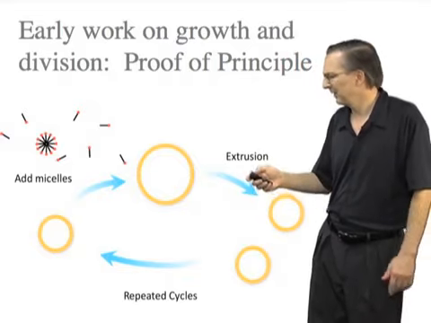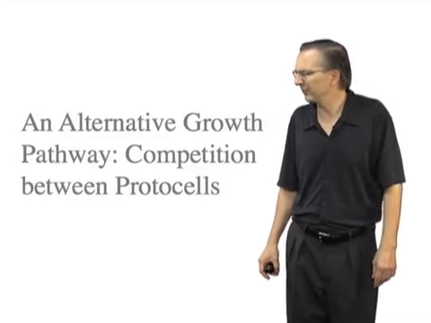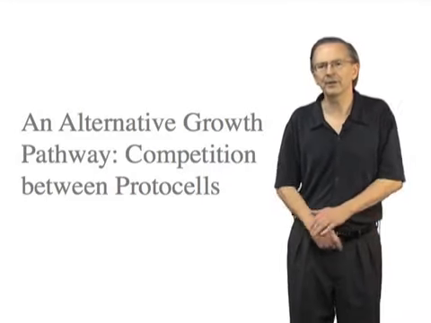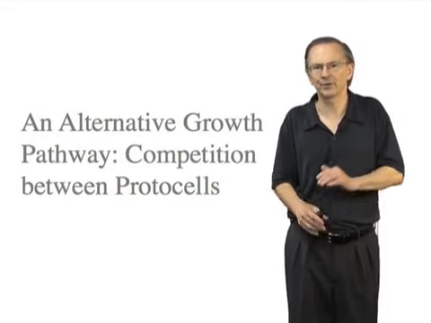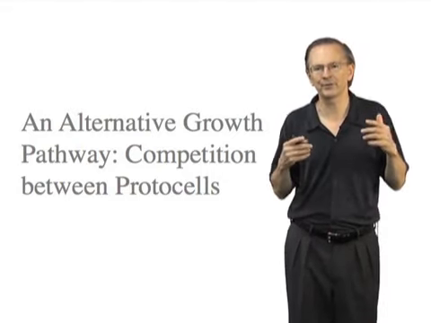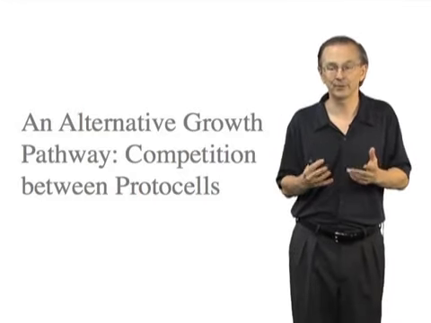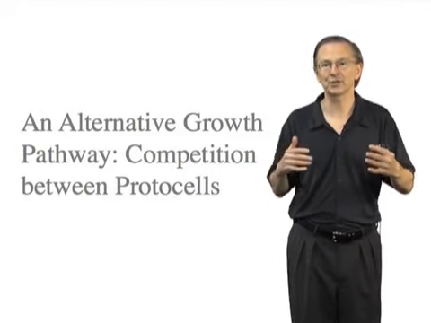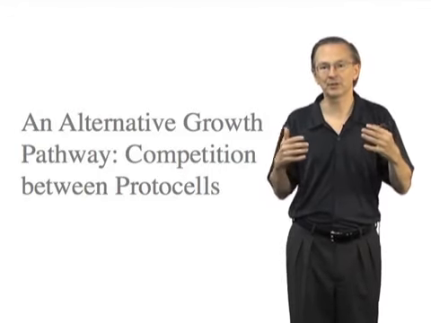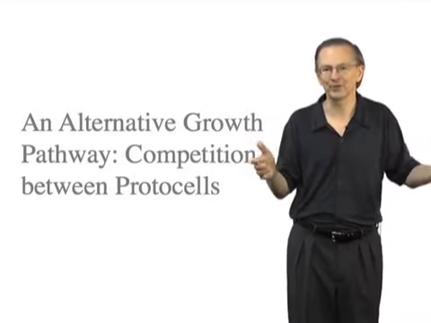Okay, so the first advance in this area came from thinking about an alternative growth pathway. And so this is a pathway of growth that, instead of relying on the environmental influx of new molecules, occurs in a different way by competition between protocells in a population. So some are going to grow at the expense of others.